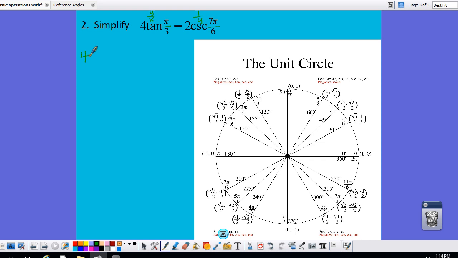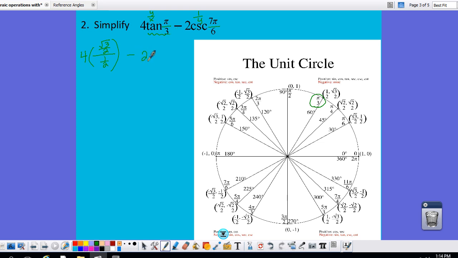So I need to multiply 4 by whatever value tangent of pi over 3 has. So I go find pi over 3 on my unit circle. The tangent requires me to take the y value divided by the x. So it's going to be root 3 over 2 all divided by 1/2. And so that replaces tangent of pi over 3.